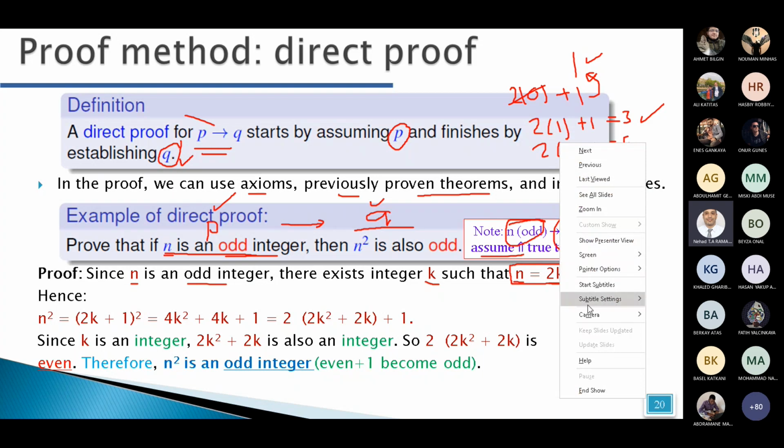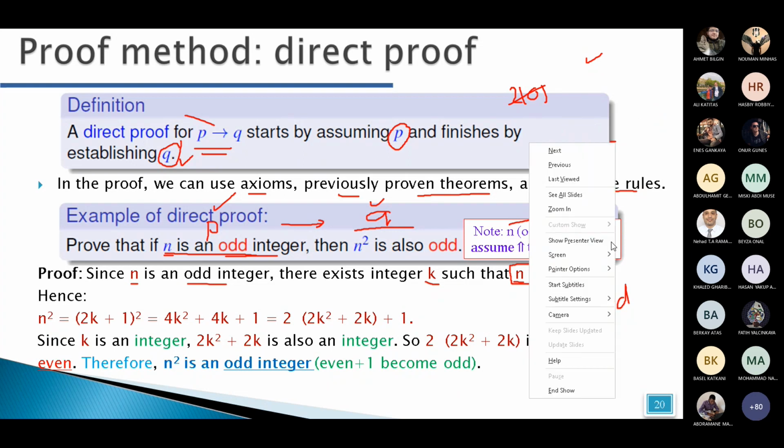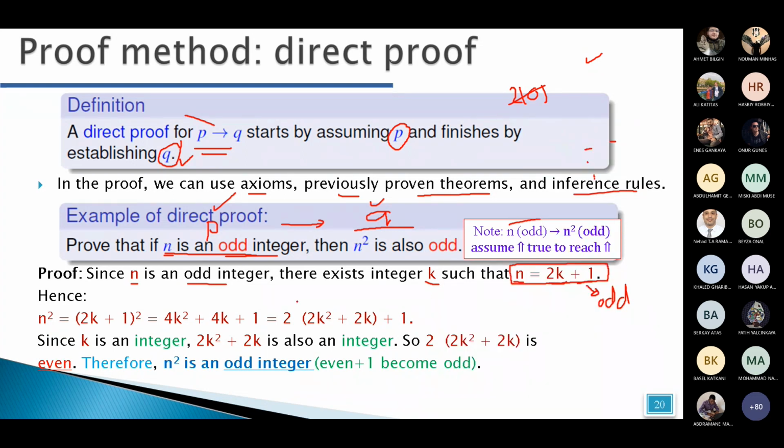So the general form for any odd integer can be written like this: if n is an odd integer, then there exists an integer k such that n equals 2k plus 1. The plus 1 makes the integer odd. Yes?